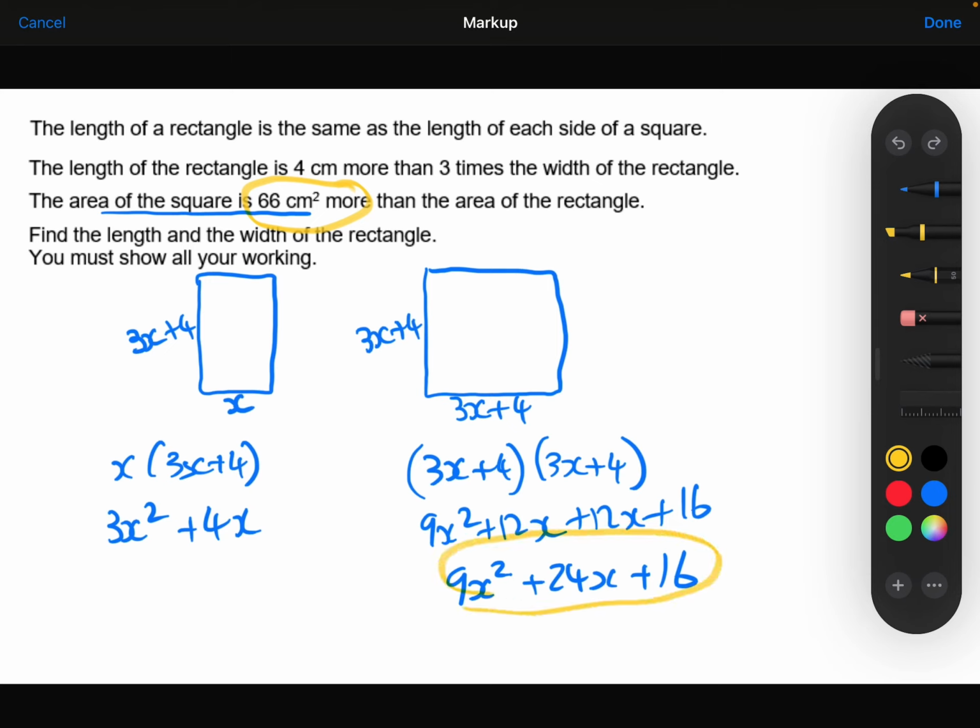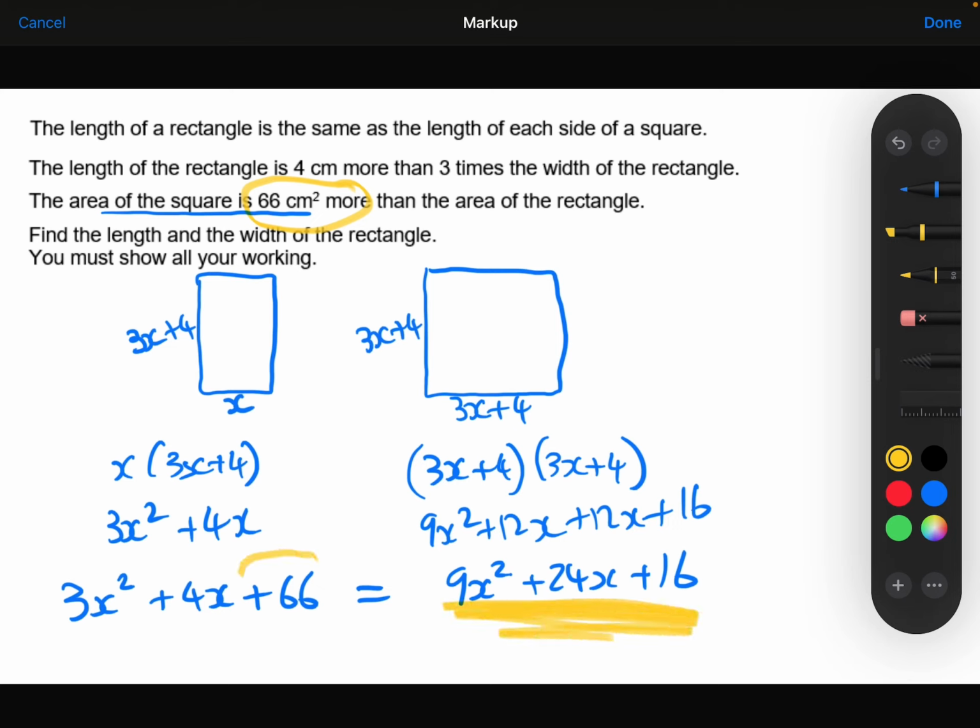So this is equal to this plus 66. So just to be super clear, the area of the square is 66 more than the area of the rectangle.